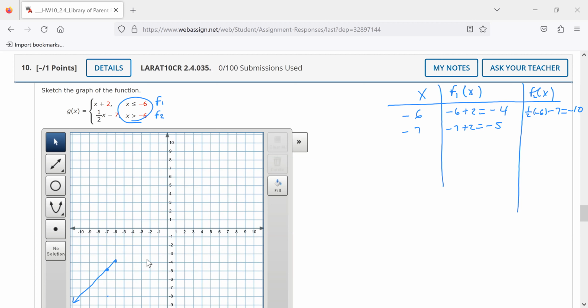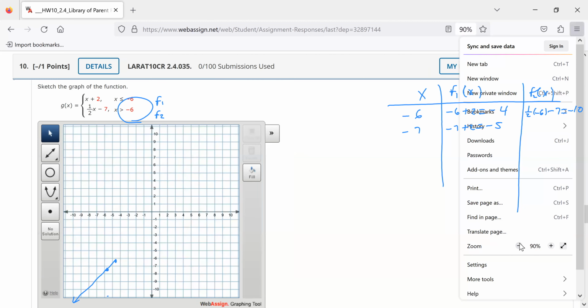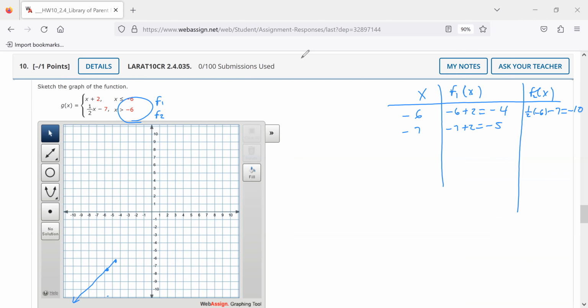That's not good. But what I could do is this. Do that. I just have to redo this. All right.